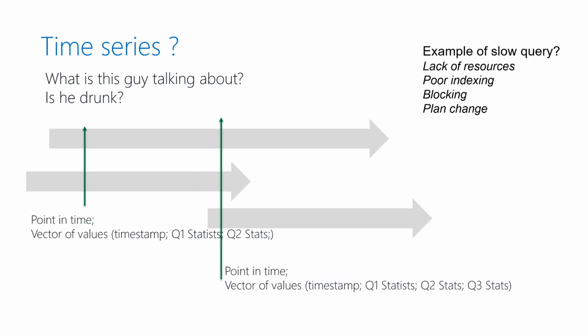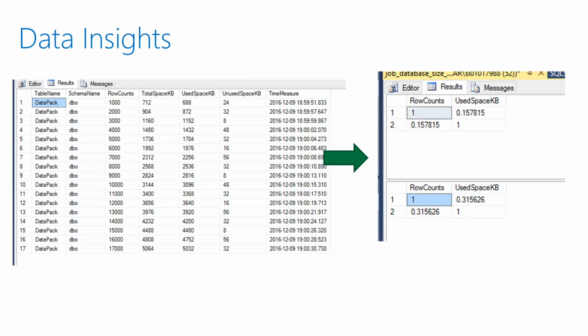Was it because I lacked some resources, or was I waiting for some shared lock to be released, or was there poor indexing? So this is, again, something where DBAs should switch mindset and start thinking about time series.